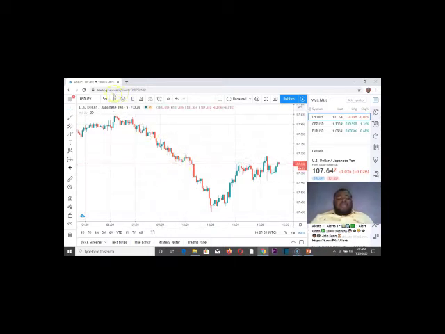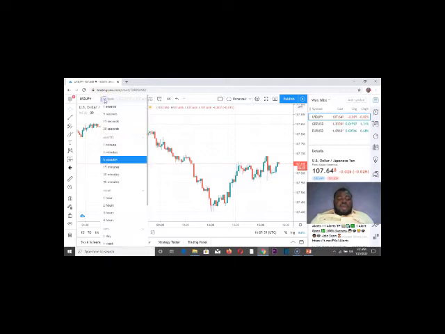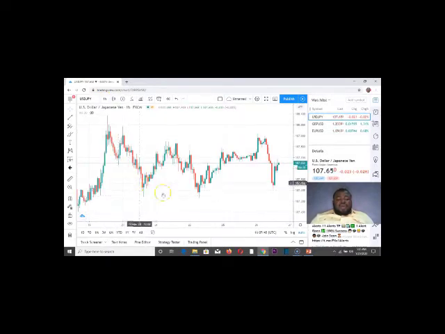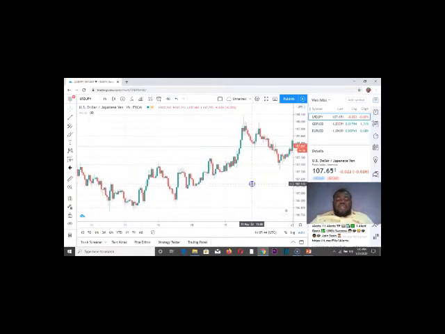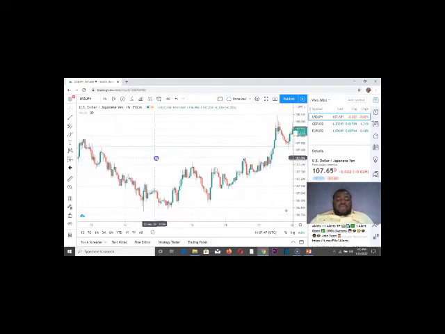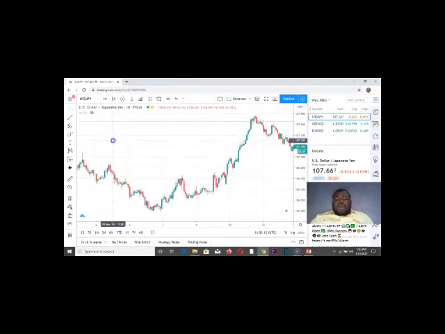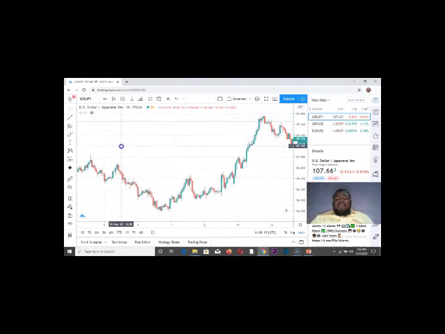So basically, let's work with the 1 hour time frame, USD JPY. Let's spot out some of those candlesticks that we talked about. Now for you to identify a trend, once you have more than 4 candles moving in the same direction, then you can say this is a trend.